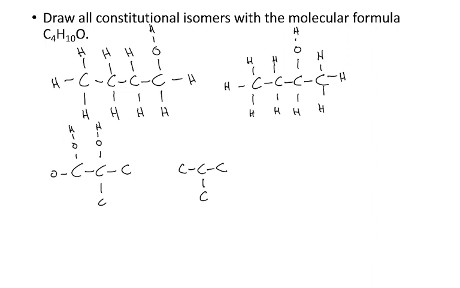No, what am I doing? I already used my 1 oxygen, so the rest of these have to be hydrogens. Right, and I still have 1, 2, 3, 4, 5, 6, 7, 8, 9, 10 hydrogens.